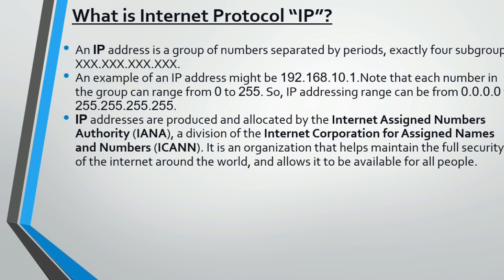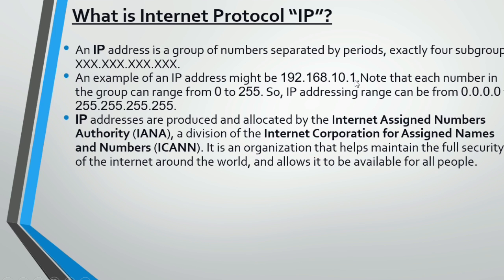An IP address is a group of numbers separated by periods, exactly 4 subgroups. As you see over here, this is the format of an IP address. We have the first group, the second, the third, and the fourth. An example of an IP address might be 192.168.10.1.